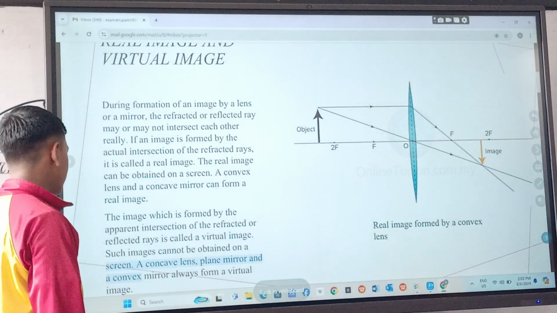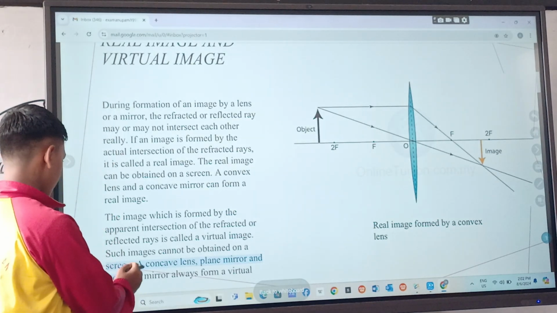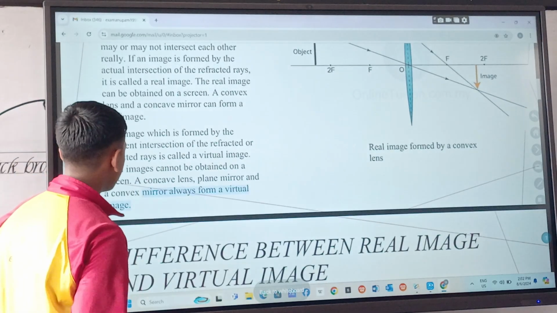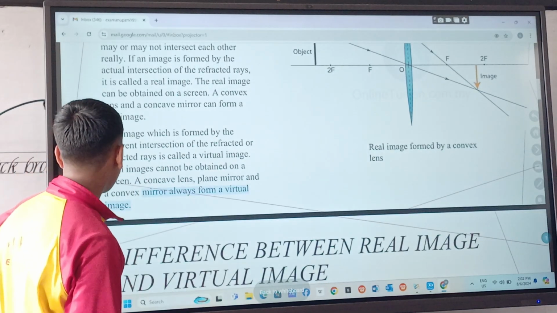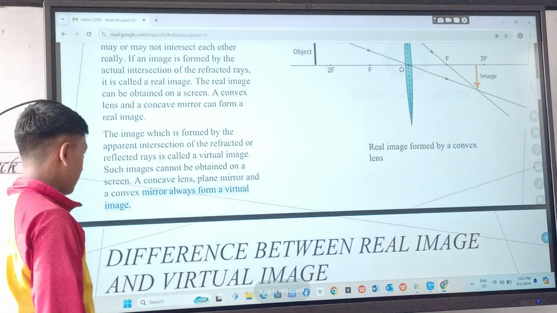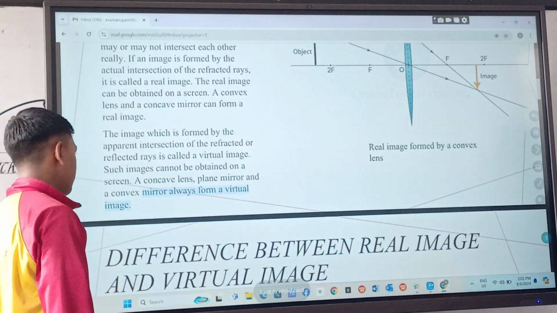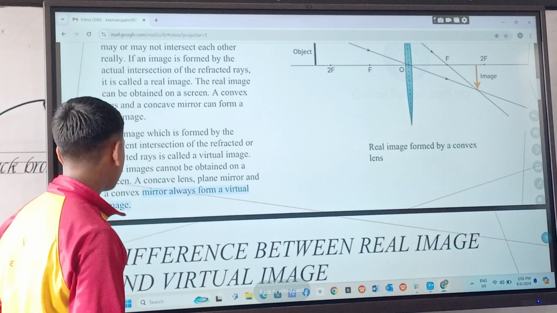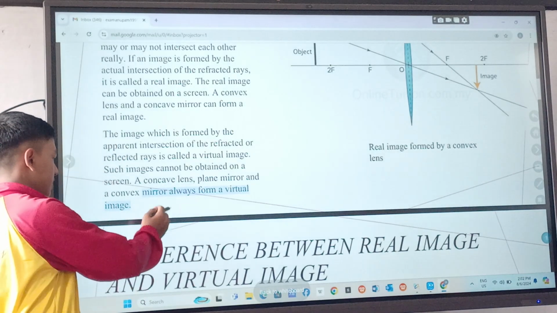A convex lens and a concave mirror can form a real image. The image formed by the apparent intersection of the rays is called a virtual image. Such images cannot be obtained on a screen. A concave lens, plane mirror and a convex mirror always form a virtual image.